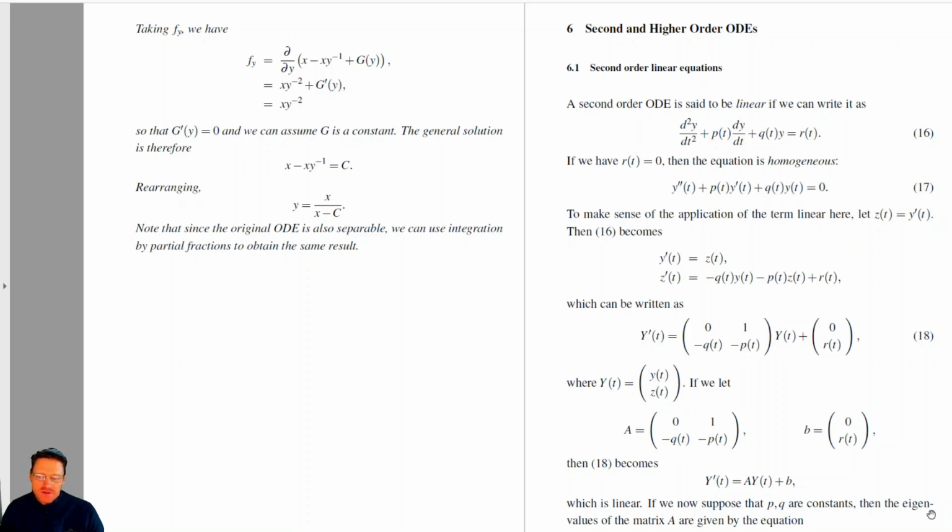Now we can go further and show you how to relate the solution of this equation to matrix methods, eigenvalues, and eigenvectors. So we suppose now that p and q are constants, then the eigenvalues of the matrix A are given by the determinant of A minus lambda I equals 0.